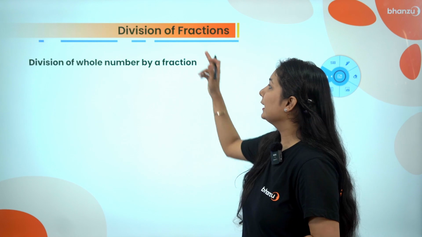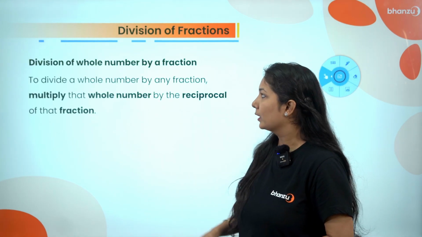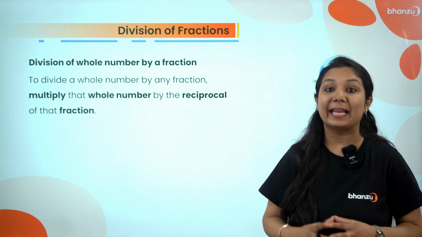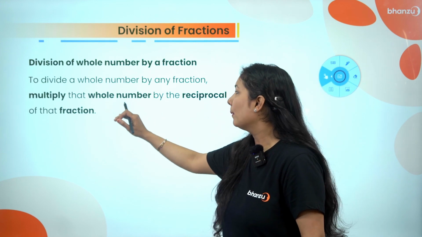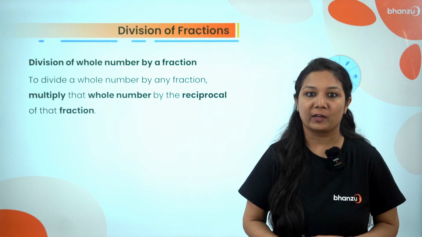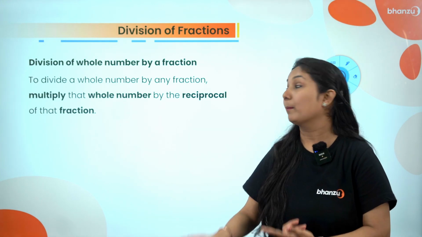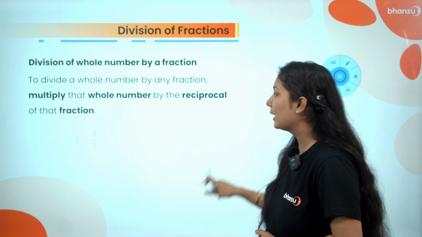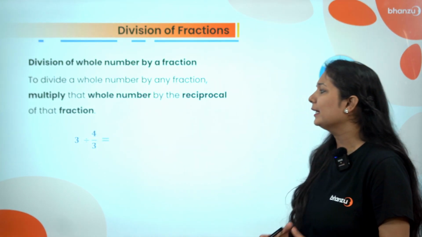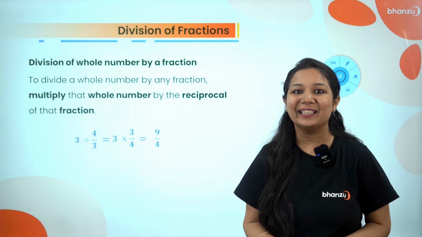Now let's talk about division of a whole number by a fraction. To divide a whole number by any fraction, we always multiply the whole number by the reciprocal of that fraction, right? Always we need to take the reciprocal of the second number. Here, the second number is the fraction. Let's see an example: 3 divided by 4 upon 3. What will be the reciprocal of 4 by 3?